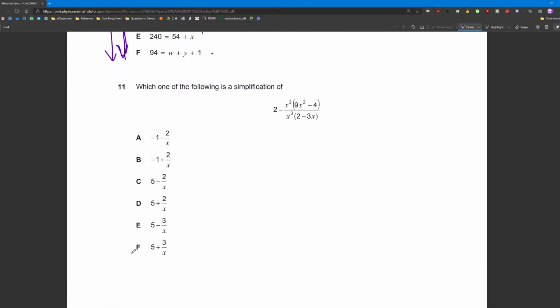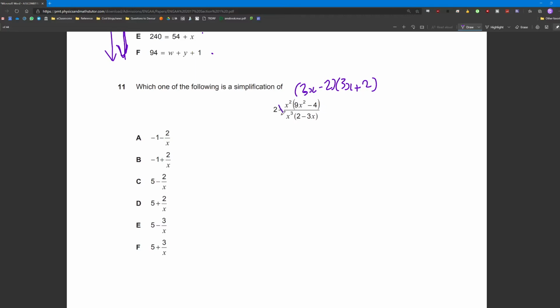Okay. Which of the following is a simplification of this? Oh god, this is disgusting. 9x squared minus 4. This is 3x minus 2 times 3x plus 2 by the difference of squares rule. So 3x minus 2 is the negative of this.